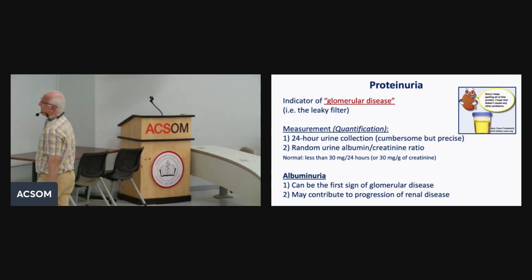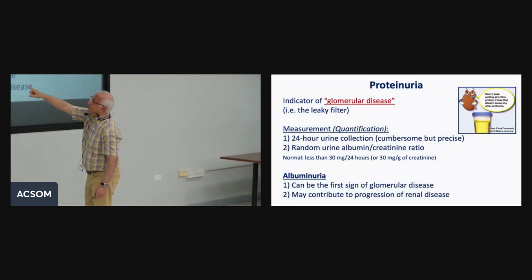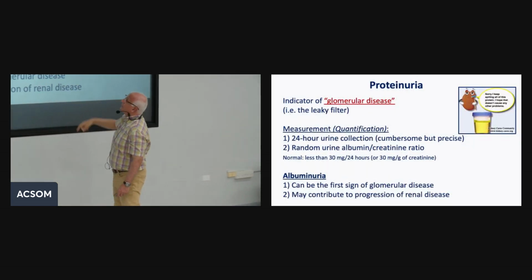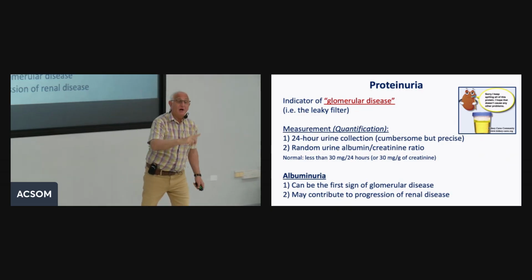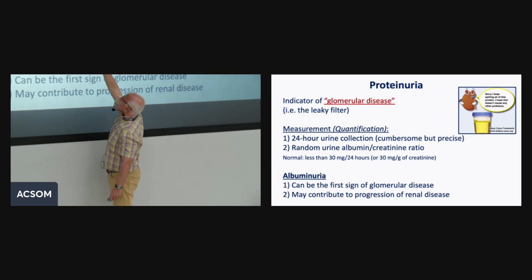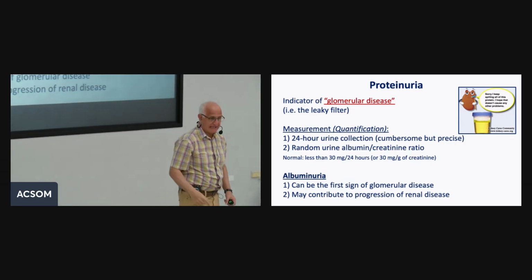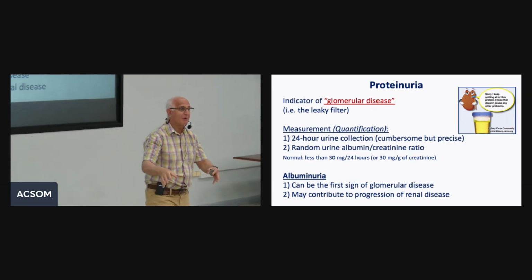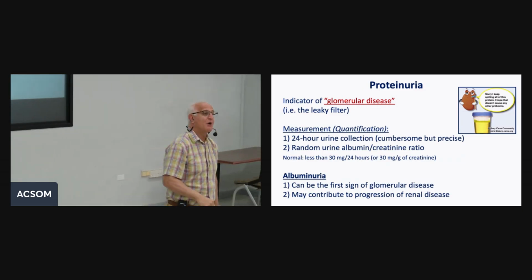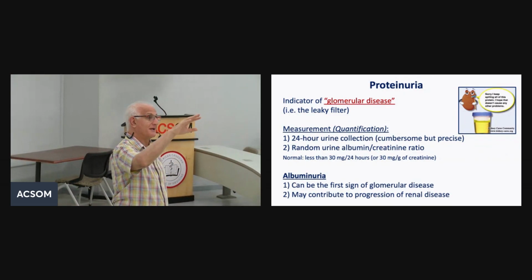Measurement is either 24-hour urine, which is cumbersome but very precise, or you do random urine albumin to random creatinine ratio. The normal is, this needs to be memorized, 30 milligram per 24 hours. This is the maximum. What it means is that, you see today I am moving around. If I check my urine albumin in the afternoon, it is probably close to 30.